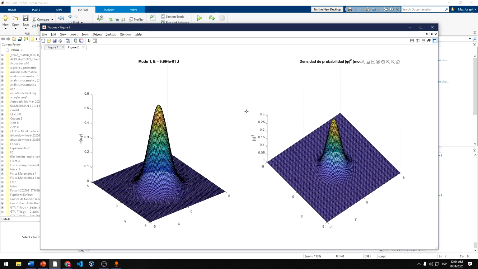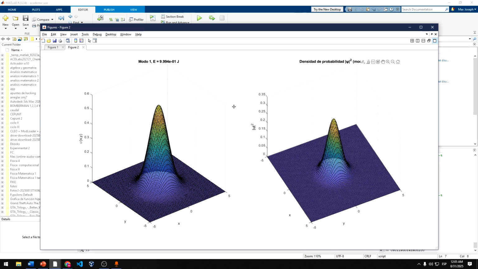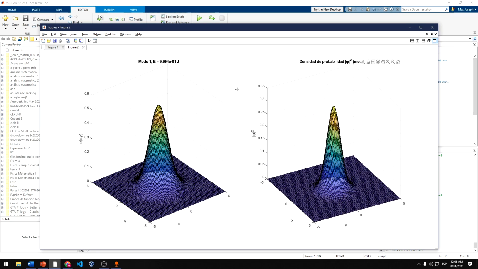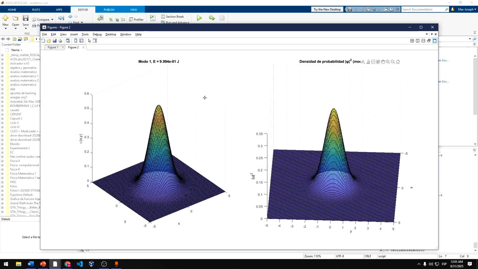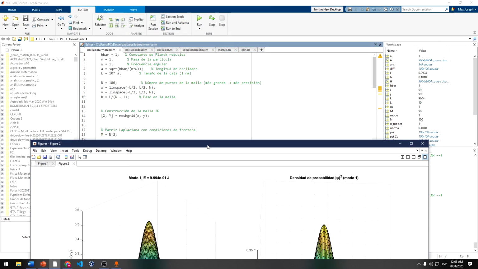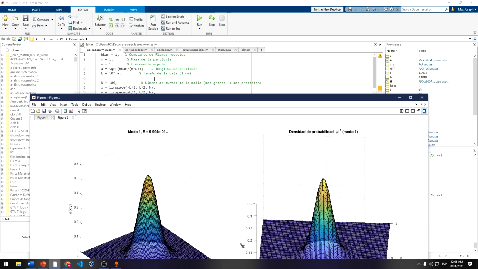Quizás nos brinde una forma mucho más fácil de estudiar la probabilidad de un electrón dentro de una región de anchura, puedo decir de 10 nanómetros. Bueno, no de 10 nanómetros porque ya cambié todo básicamente.